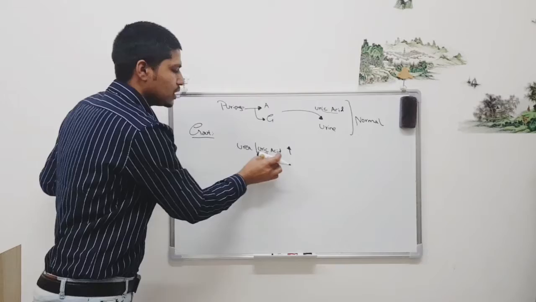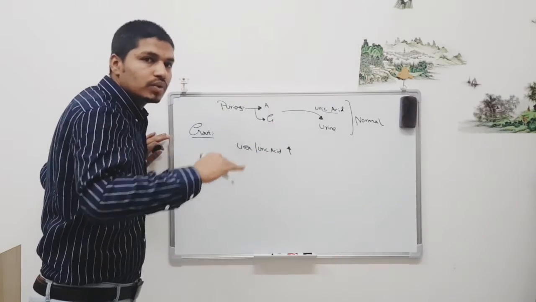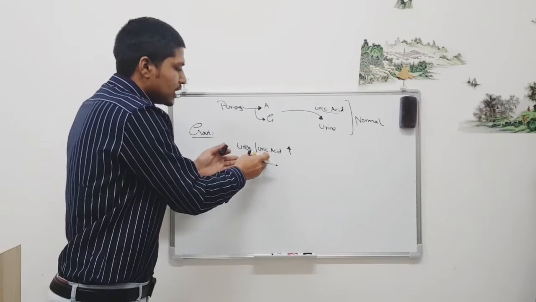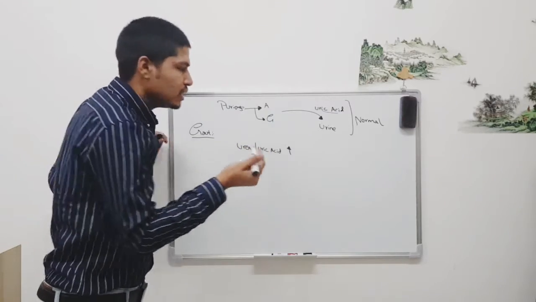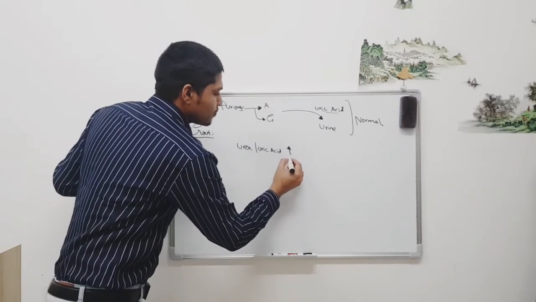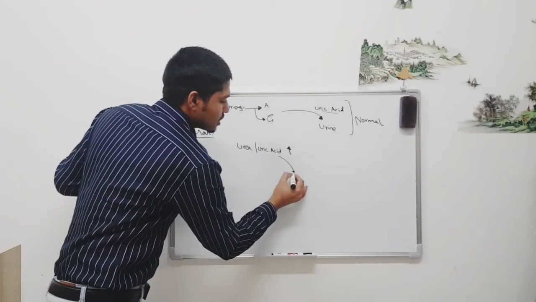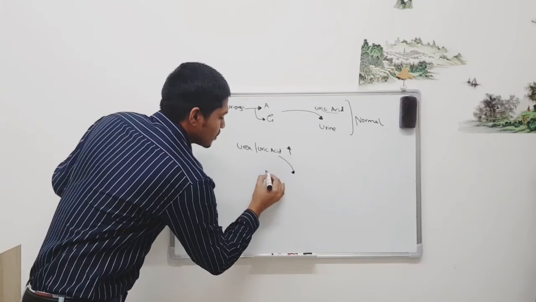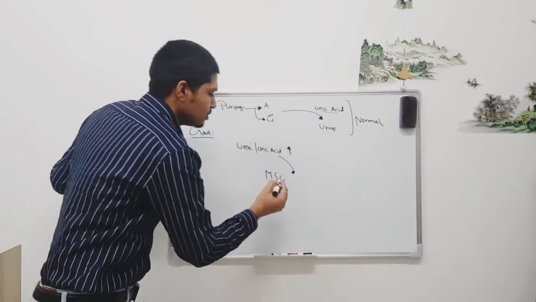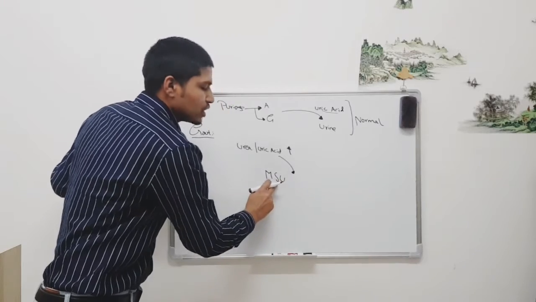When the urea and uric acid level increase in our body, they can be stored in the form of crystals. So what kind of crystals are they? The crystals are MSU, and MSU stands for monosodium urate crystals.